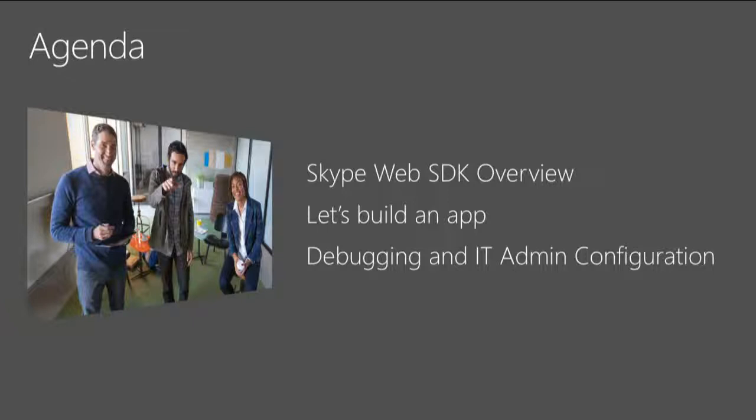If we have some time permitting at the end, we'll look a little bit at some debugging and how you can look at your apps and know which error codes you're looking at to figure out what your issues are with your code. And also, when you're ready to deploy, what is the IT admin configuration that you have to do to actually deploy your web apps to your environment?